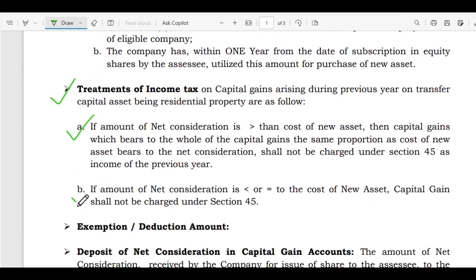B. If the amount of net consideration is less than or equal to the cost of new asset, capital gain shall not be charged under section 45.